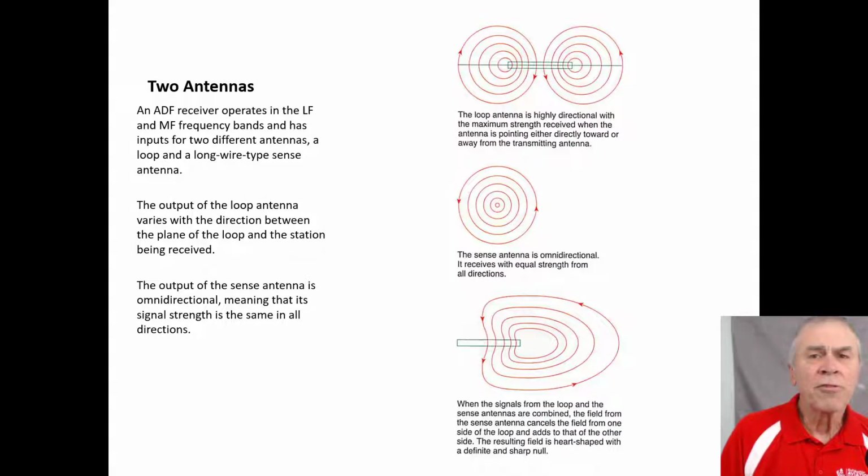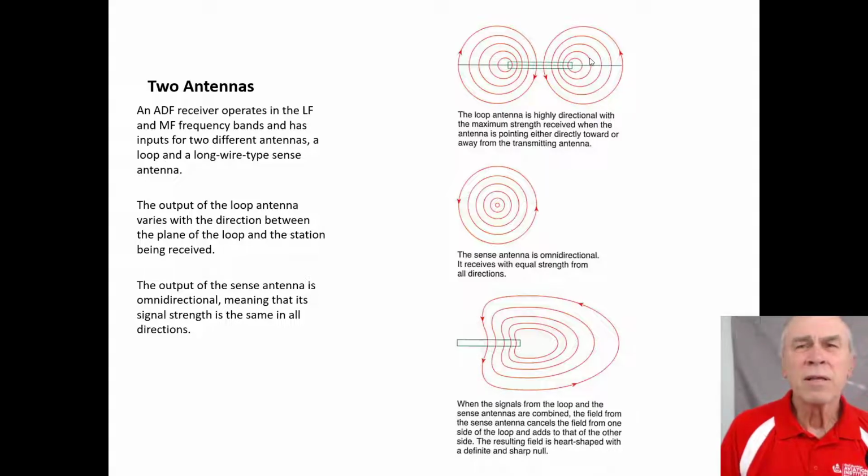A little explanation of how the loop and the sense antennas work. The loop antenna, you can pretty much see it in the green. It's got a post on either end, and it looks like the main transmission is from where it goes from the housing to the post, and you can see there's two counter direction signals, like moving like a gear would.